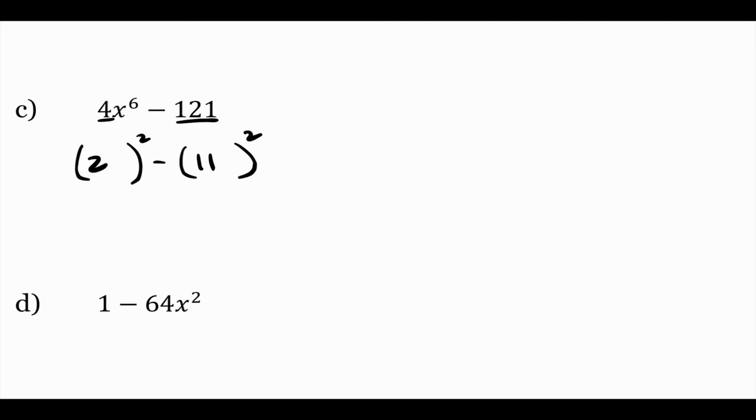But what do I need to put inside? x to what power would make 6? 3. So now my A term is 2x to the 3rd power. My B term is 11. So I rewrite it just like I did the last one: A plus B, A minus B.